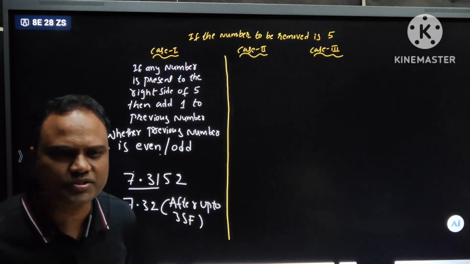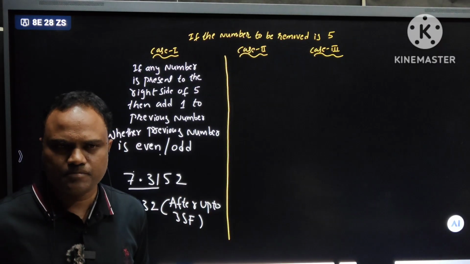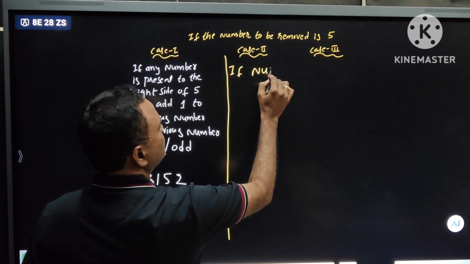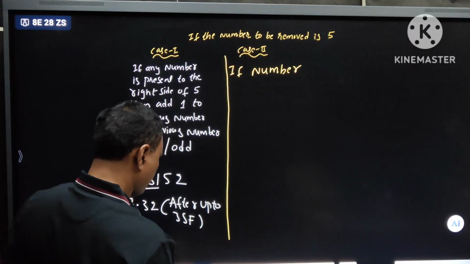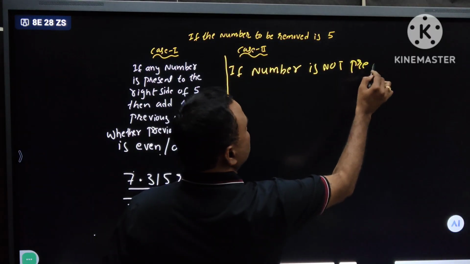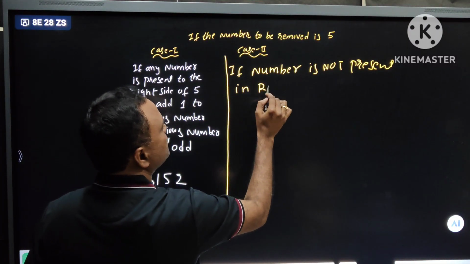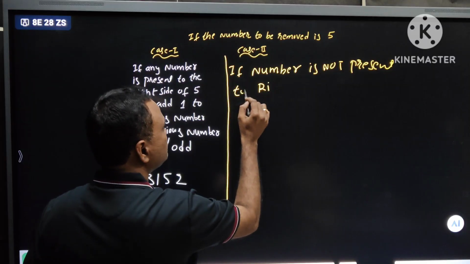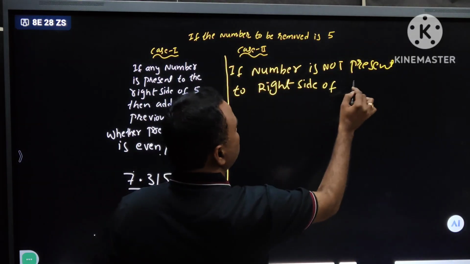If a number is not present to the right side of 5.